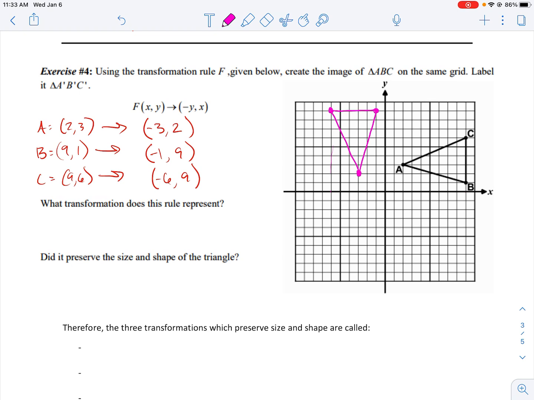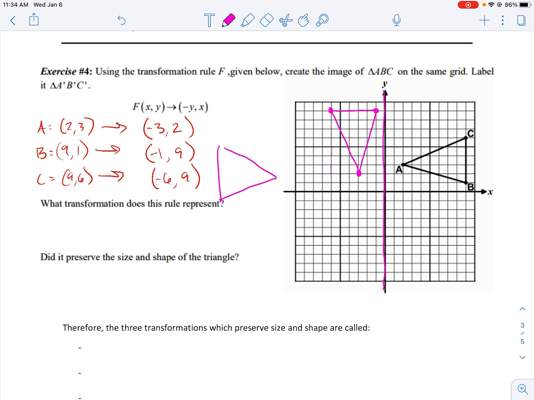Now, the question is asking, what transformation rule does this represent? What does it look like we did? Now a reflection, if we reflected it over this line right here, we would get basically the same image just facing the other direction. We would get something looking like this. So we didn't reflect it.